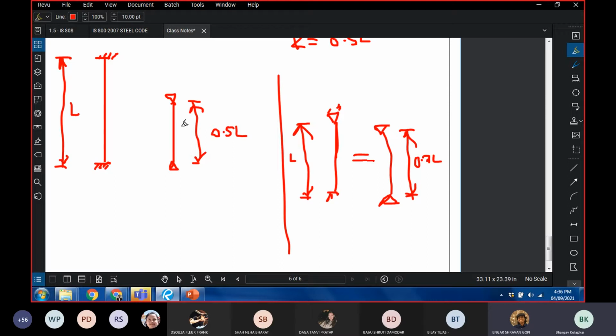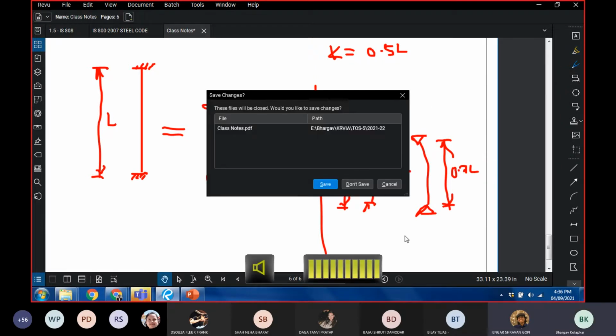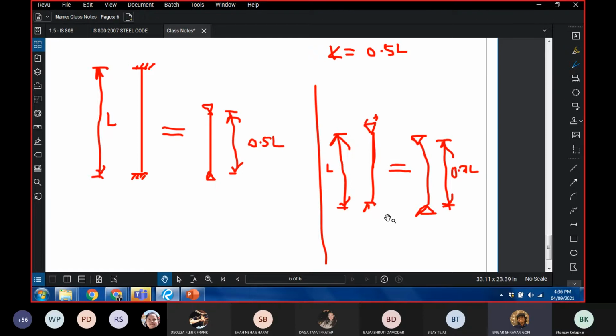I think we had a similar concept last semester on the end conditions and how it affects members in compression. Perfect, then it might be easier for you to understand this. The concept is similar, it was a matter of length. There was a factor you added to the length to get the length the load is acting upon, rather than just the actual length of the column.